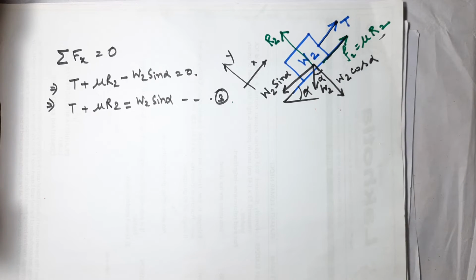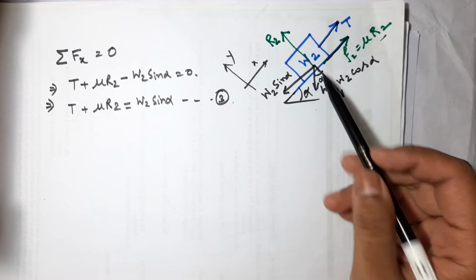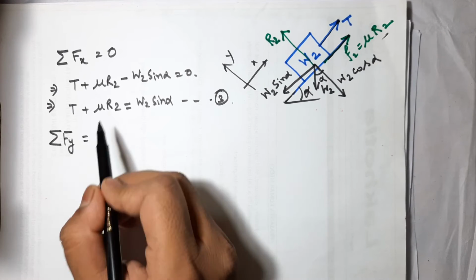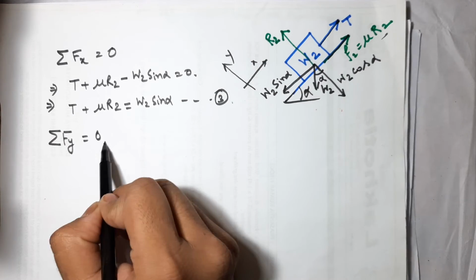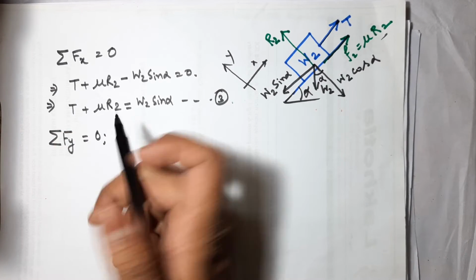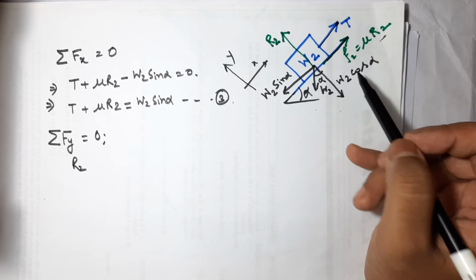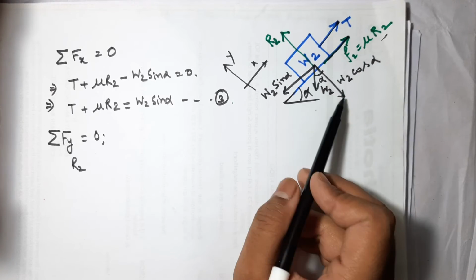Next, the total forces along the y direction: summation of Fy is equal to 0. R2 acts in this direction and W2 cos alpha in this direction.